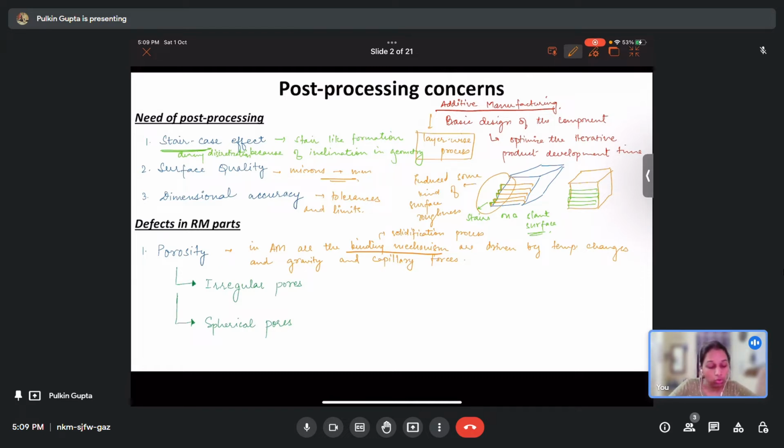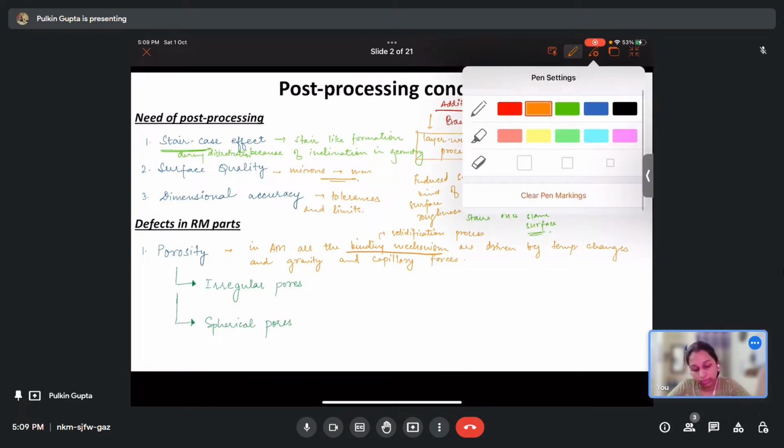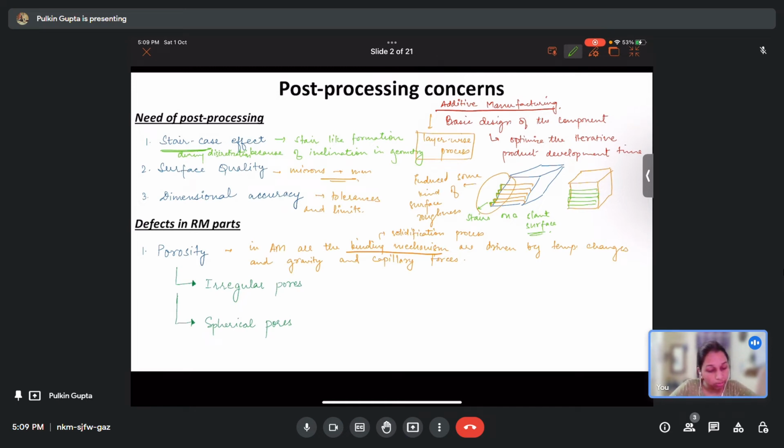You have different kinds of pores. First are the irregular pores, and the second are the spherical pores. What are irregular pores? They are formed due to shrinkage. Whenever there is shrinkage, suppose this is your part, and there is larger shrinkage in this region and lower shrinkage in this region.